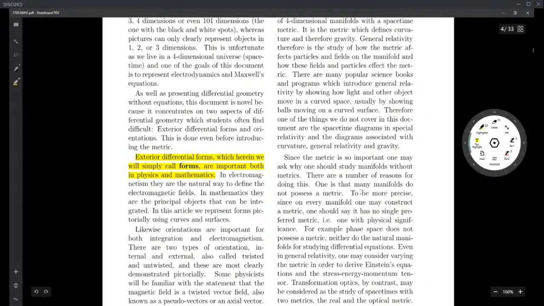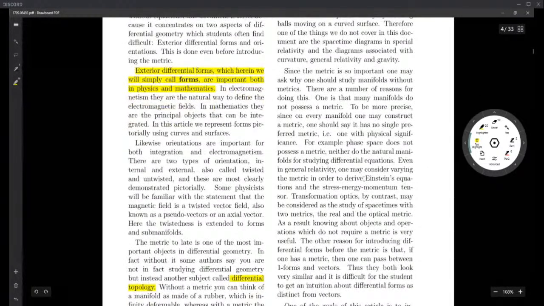Another reason is that you could construct a manifold on any form, and on any metric, and it doesn't have a single preferred metric, or one with a physical significance. You could put a manifold in any form. An example is right here: phase space does not possess a metric, and neither do natural manifolds which study differential equations.